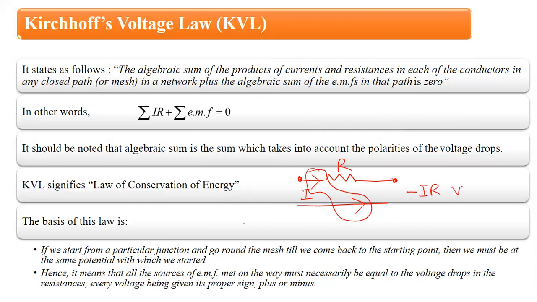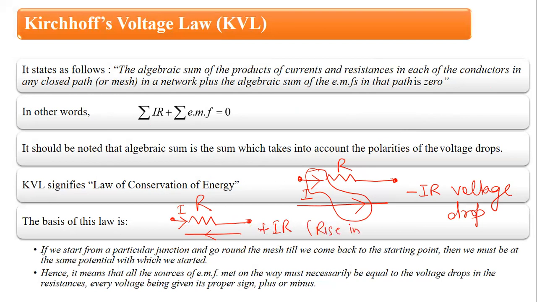So it is actually the voltage drop. Now, the second case: the same resistance, and this is your branch current, and if the direction of the current in the mesh is opposite, unparallel, this would be plus IR. This we call a rise in the voltage, or voltage rise.